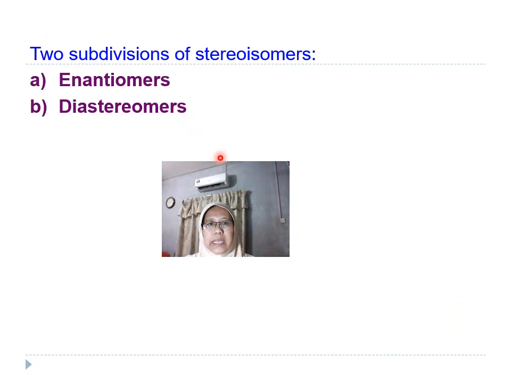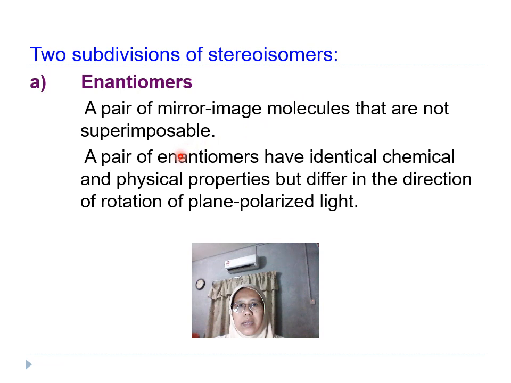Basically, stereoisomers have two types. Number one is enantiomer and number two is diastereomer. But we're going to focus on only enantiomers. It's a pair of mirror image molecules that are not superimposable.